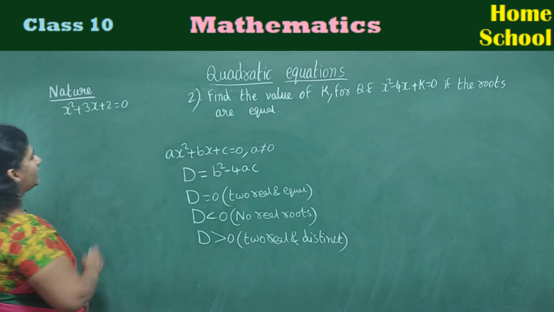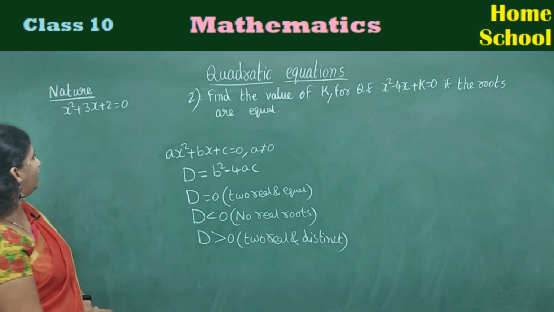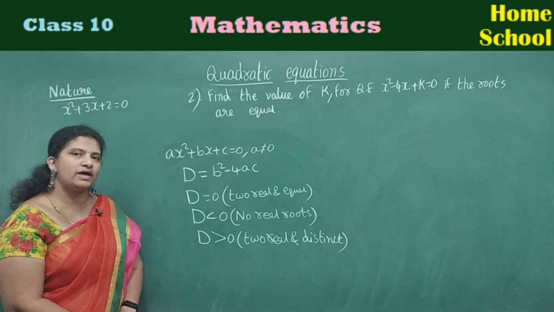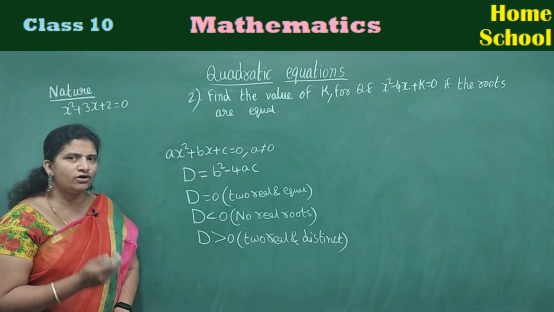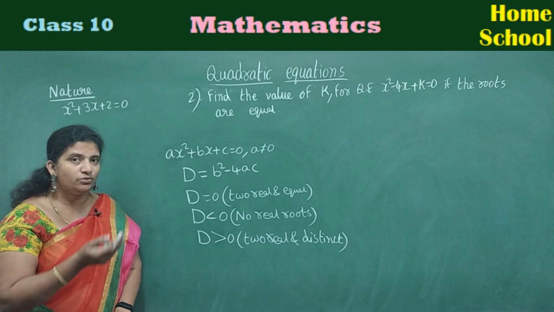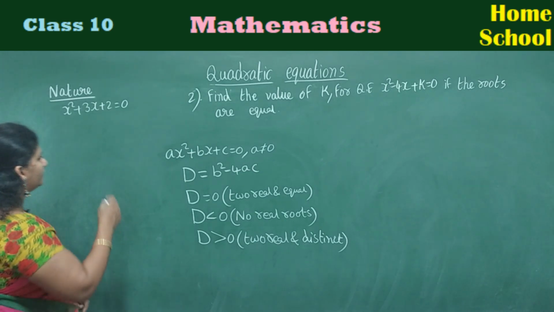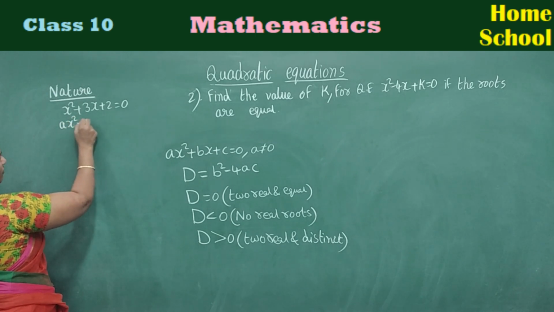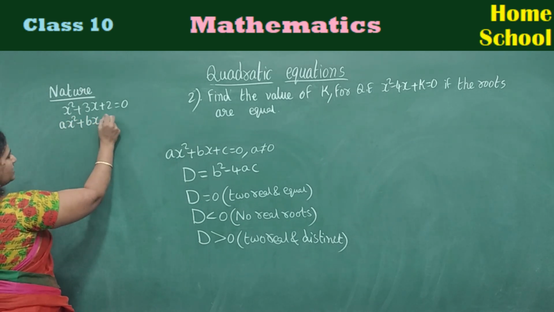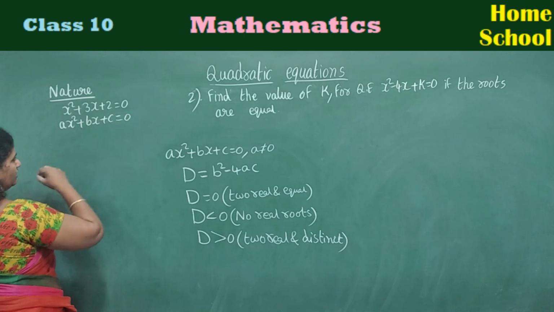Right? Let's move to the nature of the roots for the given quadratic equation x square plus 3x plus 2 equal to 0. How are we going to get the nature of roots? You remember discriminant. First, compare the given quadratic equation with the standard form ax square plus bx plus c equal to 0.